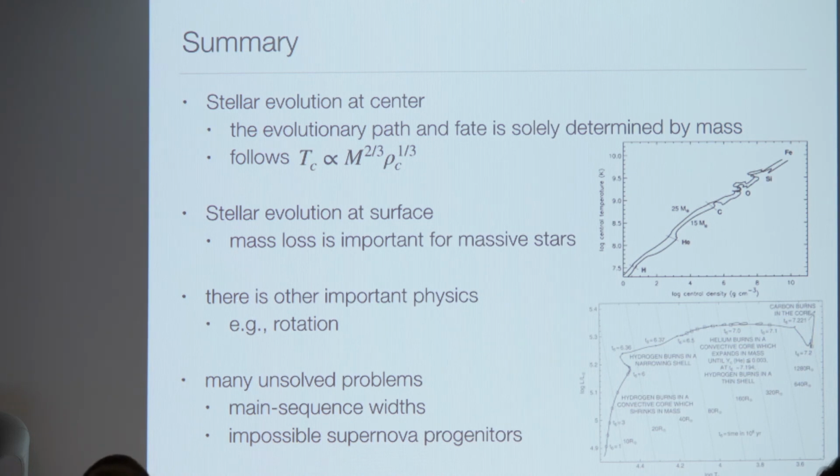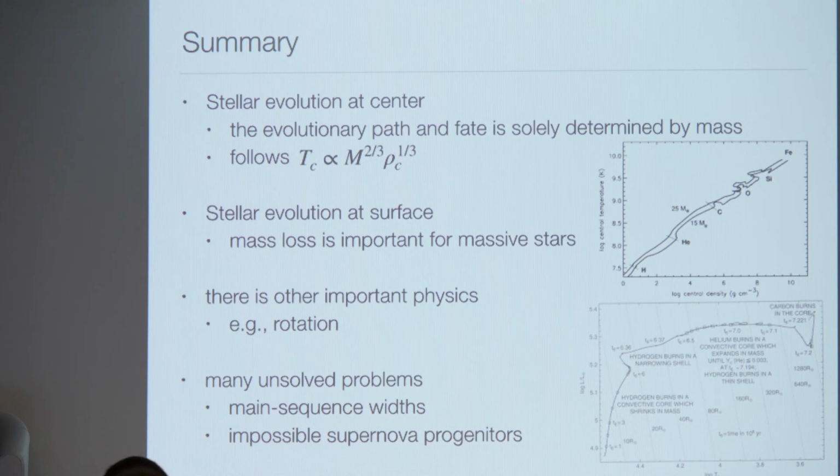Of course, this lecture was just for 3 hours, so I couldn't discuss many important things. One example was rotation, and many other physics should be taken into account, and that makes the modern stellar evolution theory.